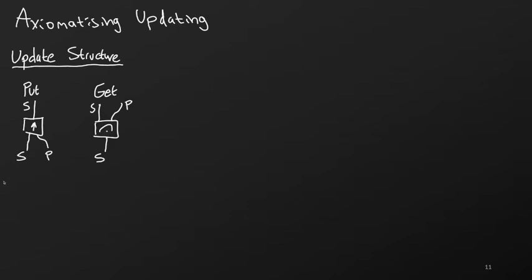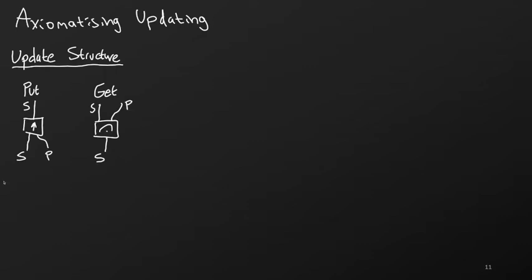And then the get box does the opposite. It takes the system and reads out the current property, leaving us with the system as well. And then these boxes ought to have some laws that constrain how they interact. And we were very much operationally motivated in how we picked these laws.